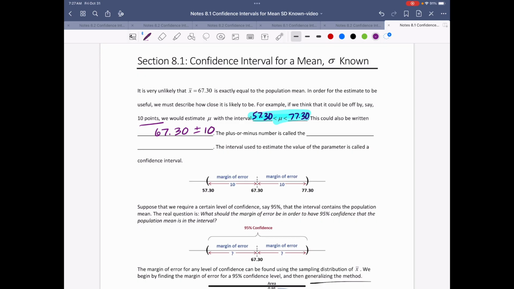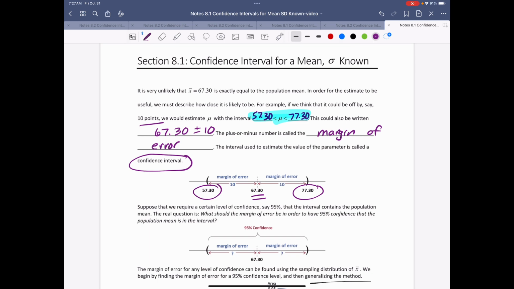The plus or minus number is called the margin of error. And the interval used to estimate the value of the parameter is called the confidence interval. And if you look at this picture, I've got 67.30. I add 10, I get 77.30. I subtract 10, I get 57.30.